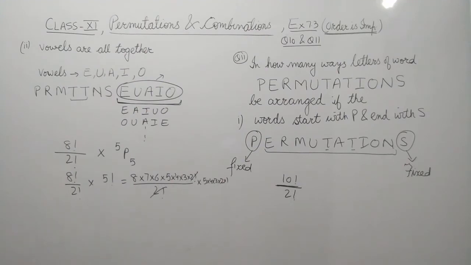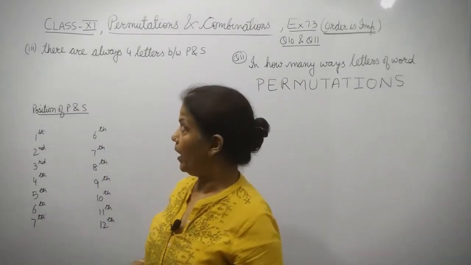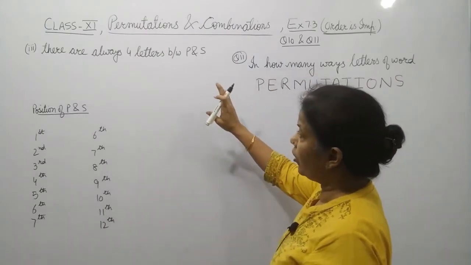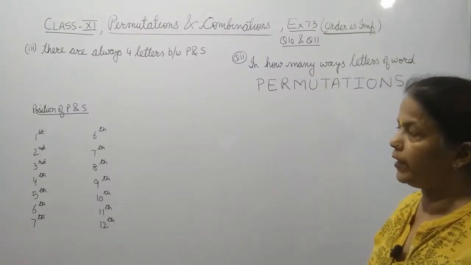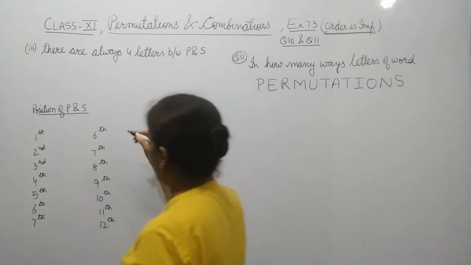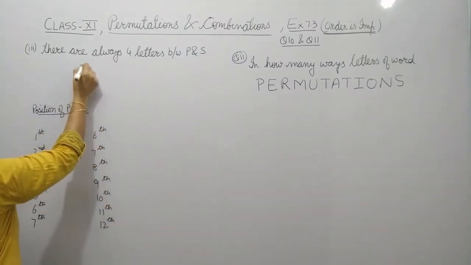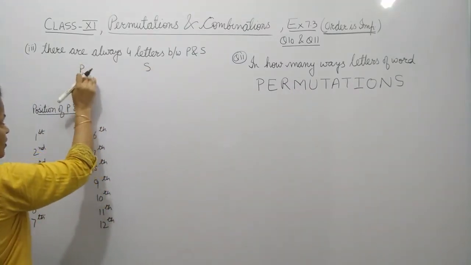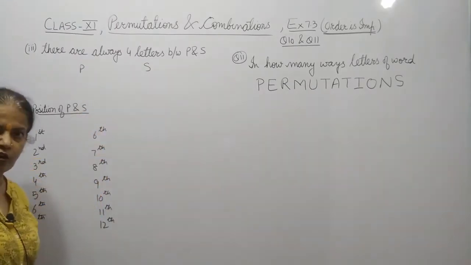Now, third part of this question. In the third part, it is written, there are always 4 letters between P and S. The position of P and S is not given.